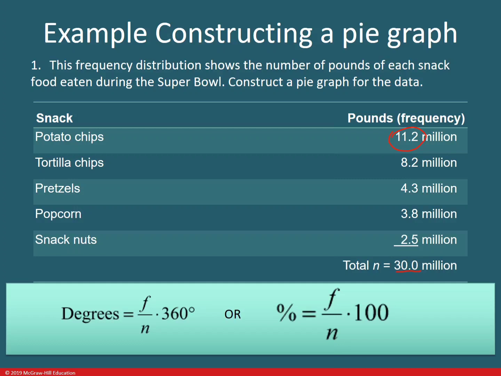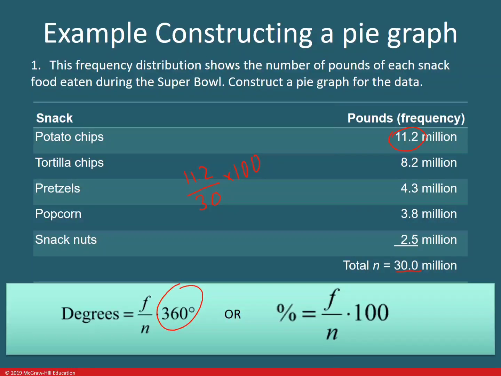If they're asking for the angle, then you would use the degrees. And pretty much the formula is the same. You take the frequency, which is 11.2, you divide by the total, which is 30, your n, and then you either multiply by 100 if you're looking for the percentage, or you multiply by 360 if you're looking for the degrees, and you've found your first slice.